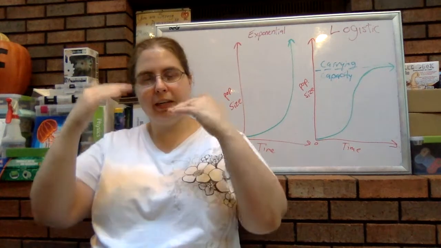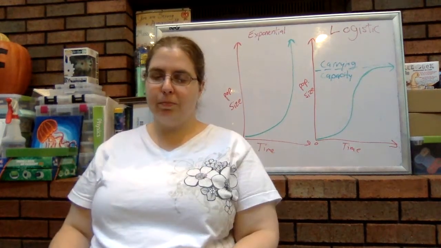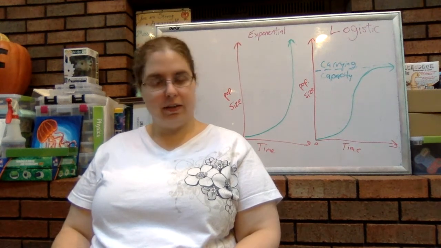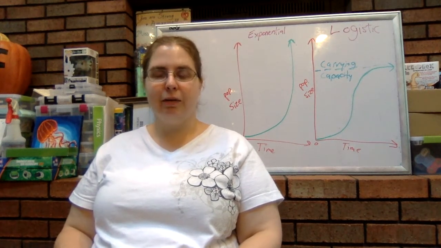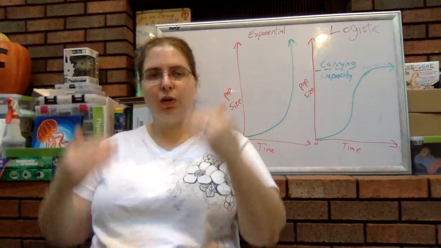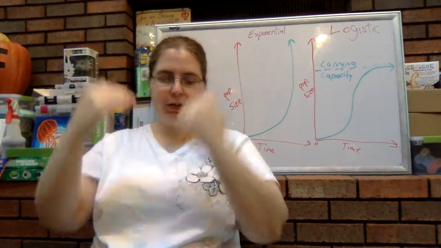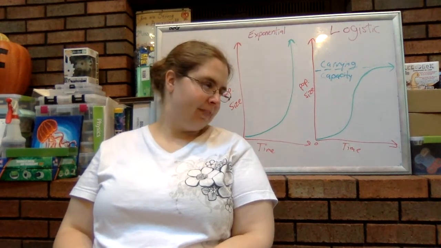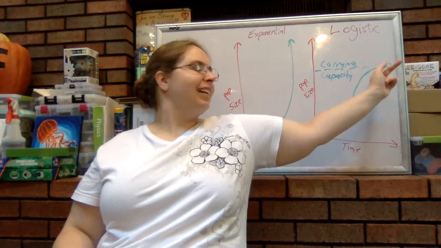So it's going to be roughly equal. So there's not really a big change to the growth. Again, we're not saying that nothing's dying. We're not saying that there aren't any births. We're saying that the increase is going to be roughly equal to the decrease.